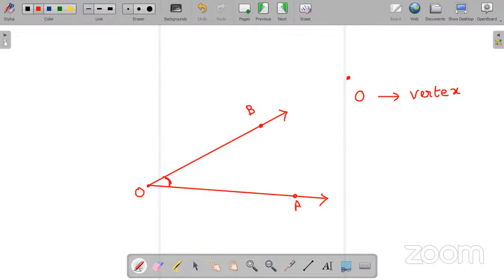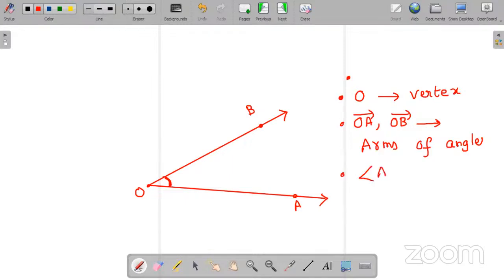This is the measure of the angle. The rays OA and OB are called the arms of the angle. This is angle AOB, or you can say angle BOA. Clear?